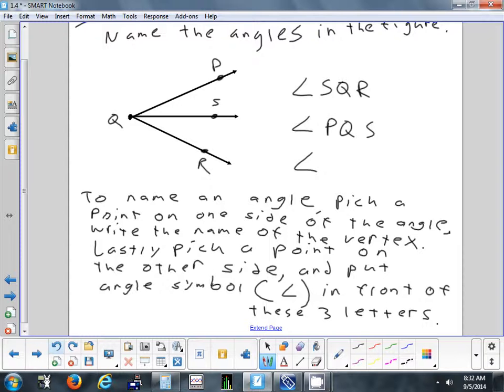Yep, Sarah? PQR. PQR, that's the big angle. And that's it. Those are the 3 angles that we're looking at in that picture. Any questions on that? Okay.